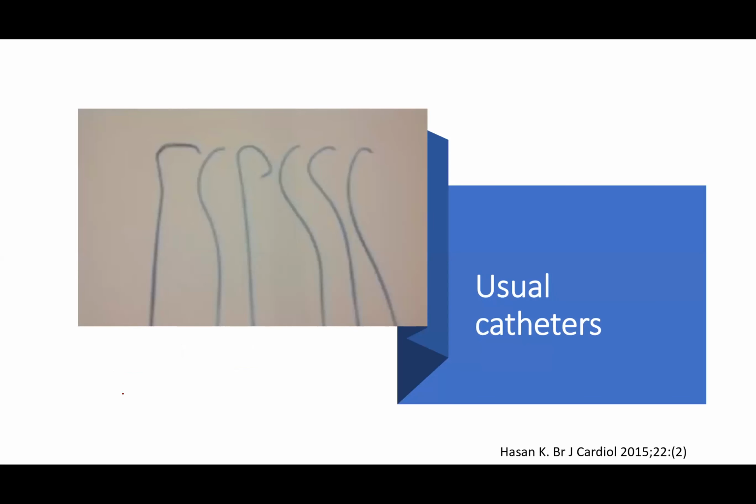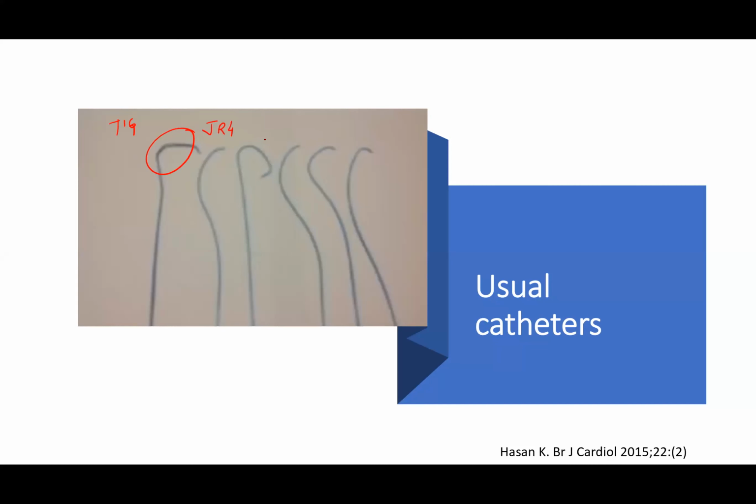Catheters that we use are these catheters. So this is the Tiger catheter, or TIG catheter. Some people say they can just use the TIG catheter from the left radial for all the grafts, and it can be done. This is the JR4 catheter.